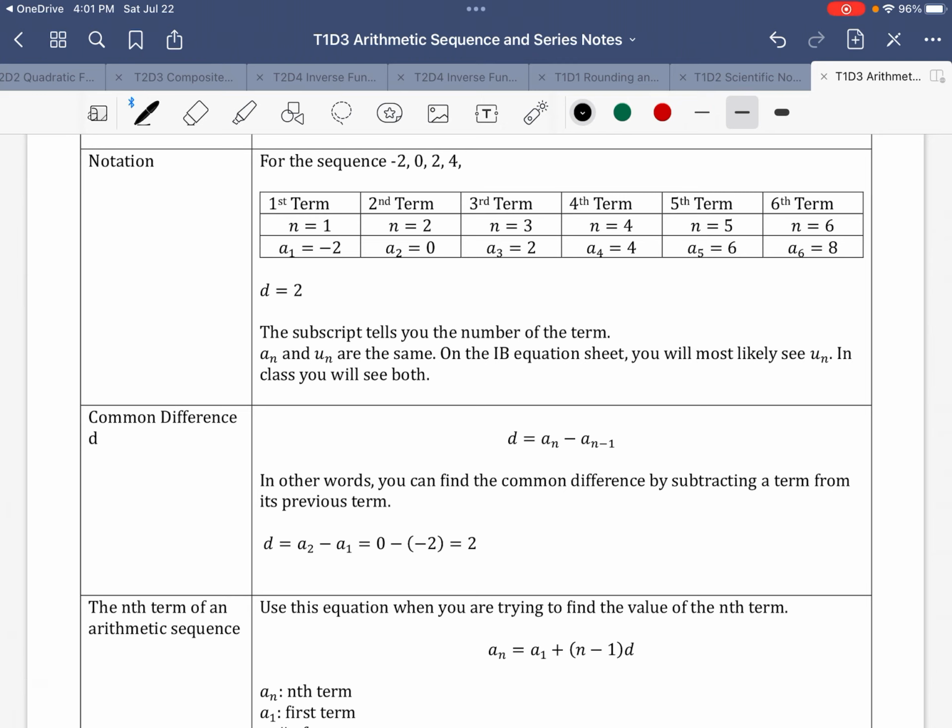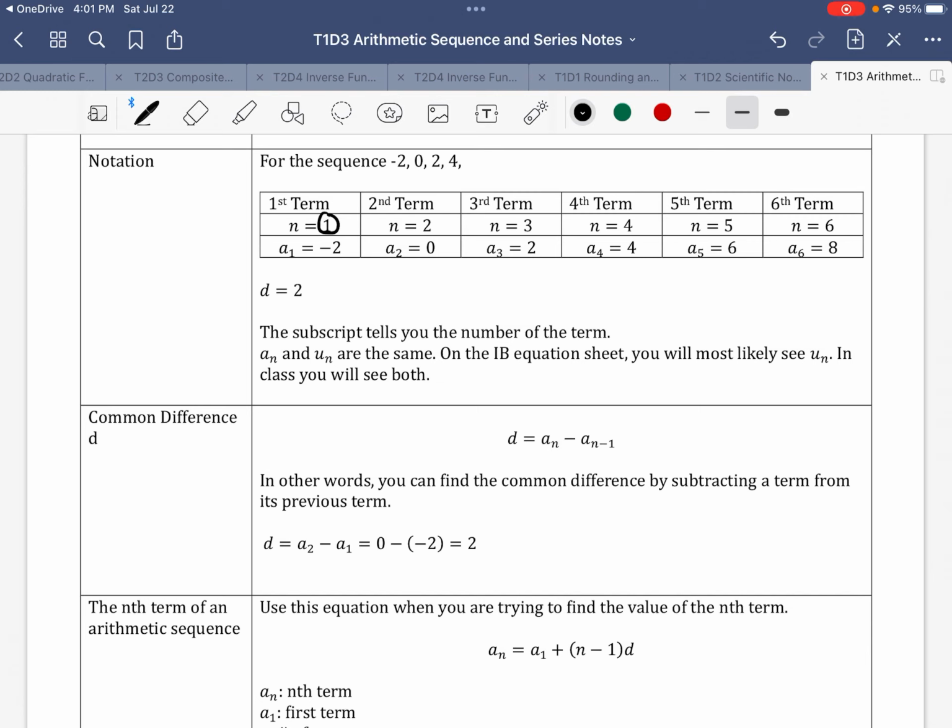So when we talk about the sequence -2, 0, 2, 4, we know that the very first term is -2. So n equals 1 just indicates the first term, the value a sub 1 is equal to -2.